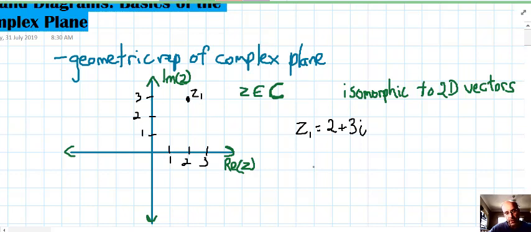There's a second way of showing complex numbers. If we look at a similar one, I'll call it z2, z2 is 1 + 2i. The other way these can be shown is you do the same thing, you go 1 across and 2 up, but we can also write them a bit like a two-dimensional vector.